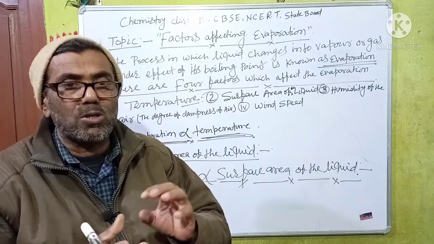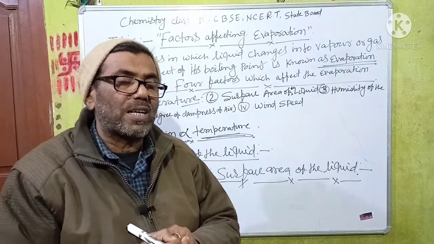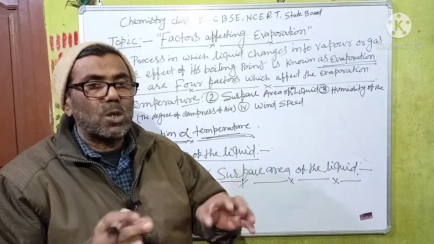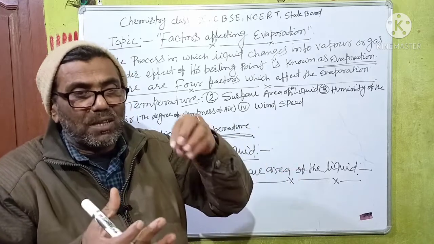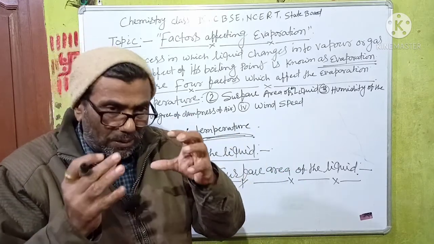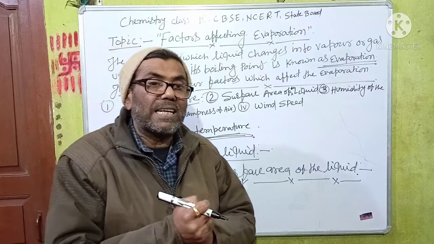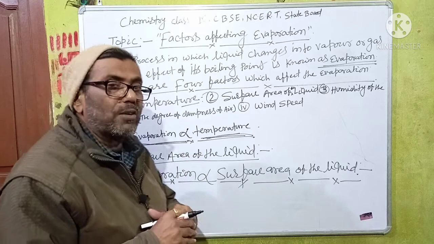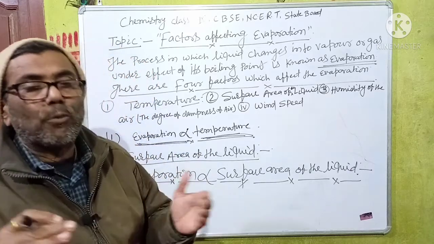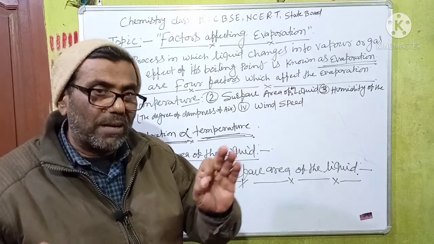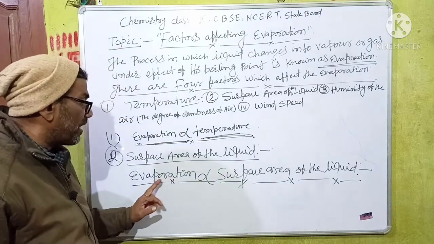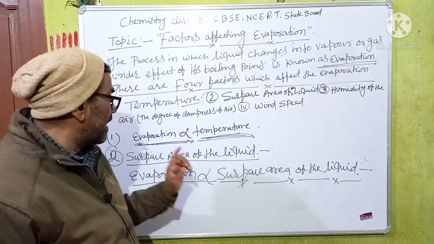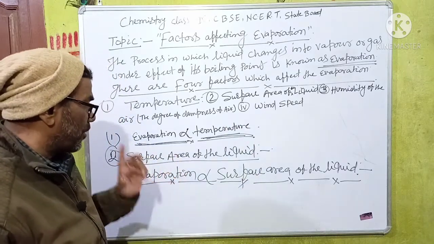But when clothes which have water in them are not expanded and are kept in a very small area, then the liquid does not evaporate as much, and the evaporation becomes less. So evaporation is directly proportional to the surface area of the liquid. This is the second factor of evaporation.